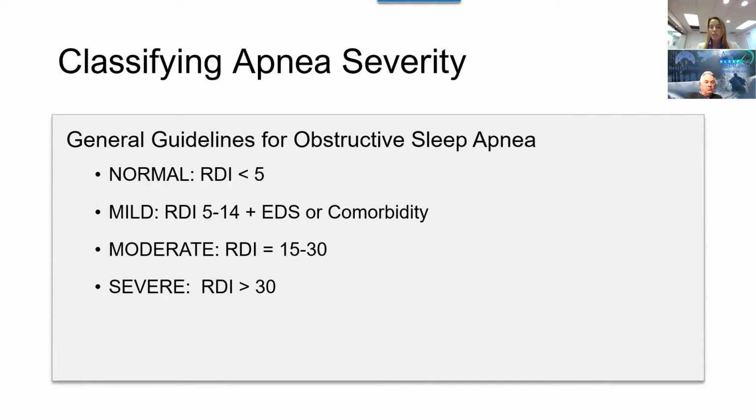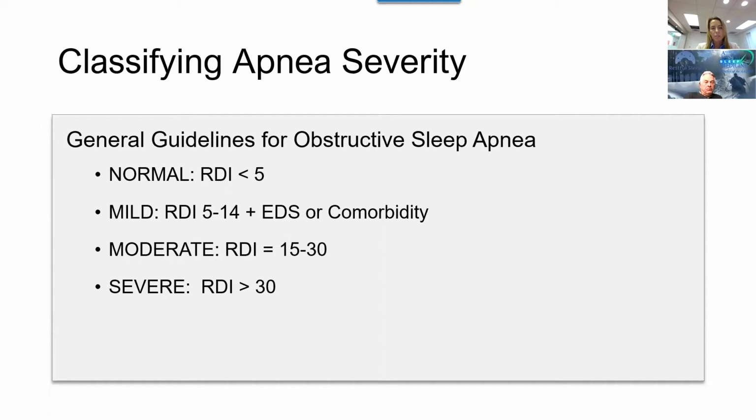If there's anything that you take home today, understanding the RDI and how to take action based off of the RDI is the most important factor in determining whether or not your patient is at risk for obstructive sleep apnea. With that in mind, a normal RDI is typically less than 5 events per hour.